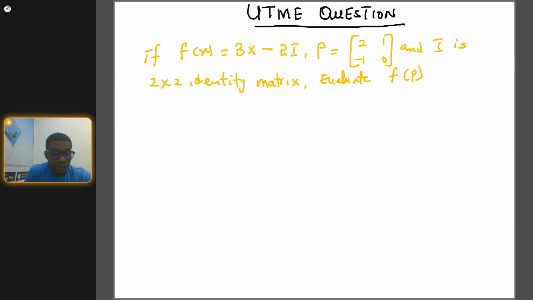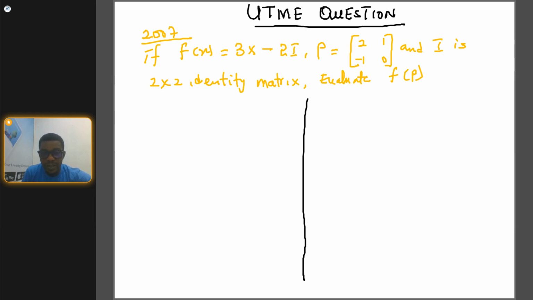Now this question is UTME question 2007. So we are going to solve this together. Of course, it's very simple. We just need to understand what we are asked to solve.